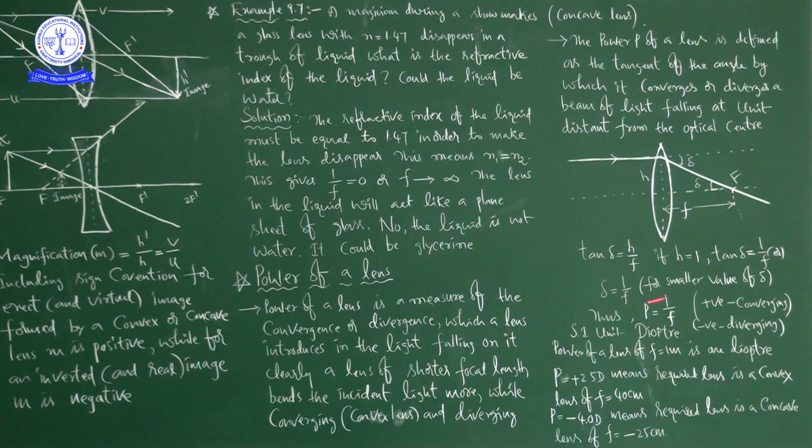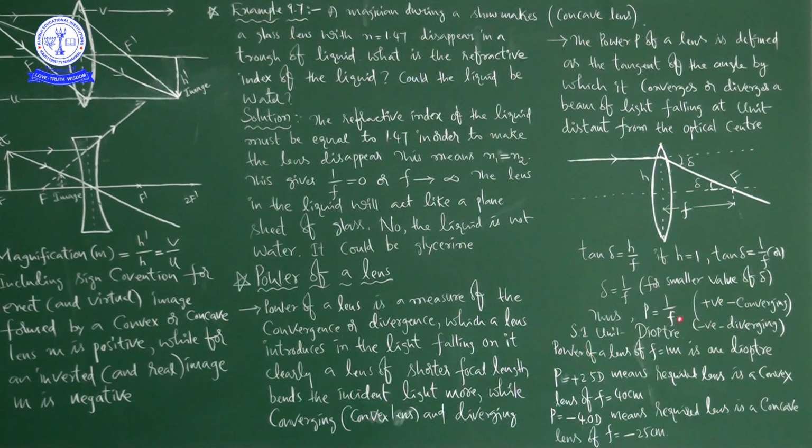Or for smaller value of delta, delta is equal to 1 by f. Thus P is equal to 1 by f according to the definition, right? So when delta is equal to 1 by f, P is equal to 1 by f.